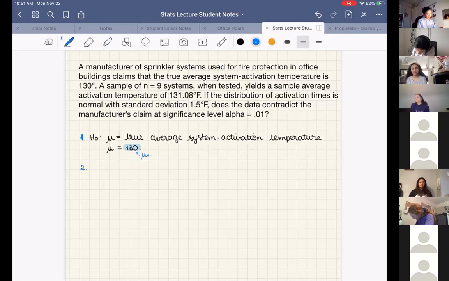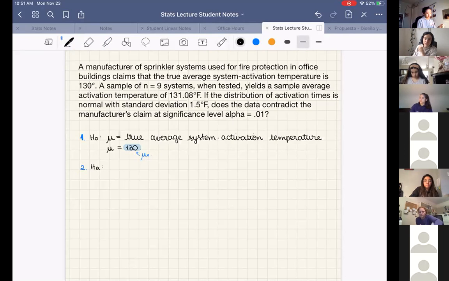So then the alternative hypothesis. Here's where things start to get tricky. We need to determine whether we're doing a one-tailed or a two-tailed test. I would like everyone that thinks it's a one-tailed test to vote yes.